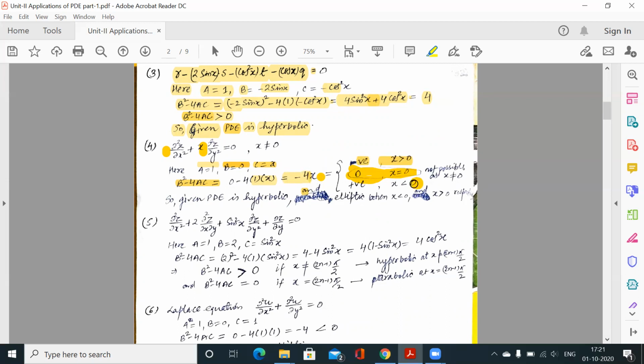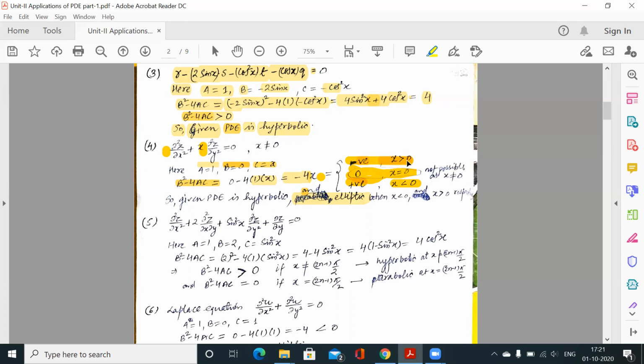So when x is negative, b square minus 4ac would be positive. And if x is positive, then minus 4 into positive is negative. So if x is greater than 0, the b square minus 4ac value is negative. In this case, because b square minus 4ac is negative, we will get the elliptic equation.